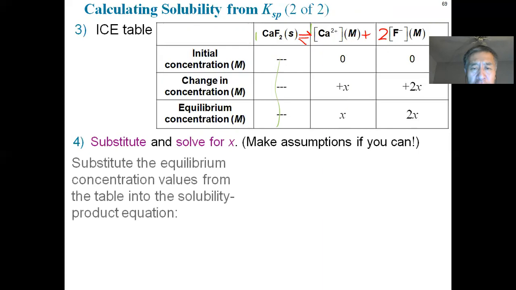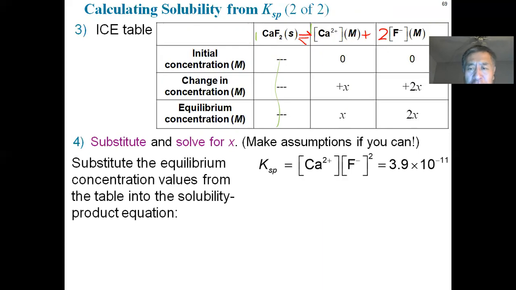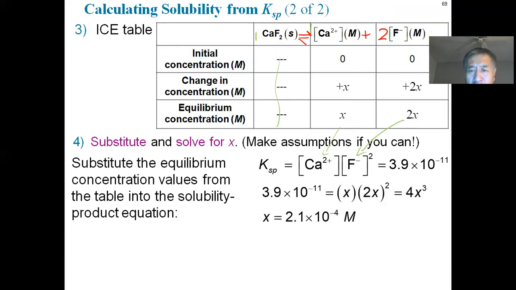Next, you just substitute those x into this equation. We substitute this x here, this 2x here. So what you get is this. Just a little detail on how you get that: x times (2x) squared, which means you square both of them separately.